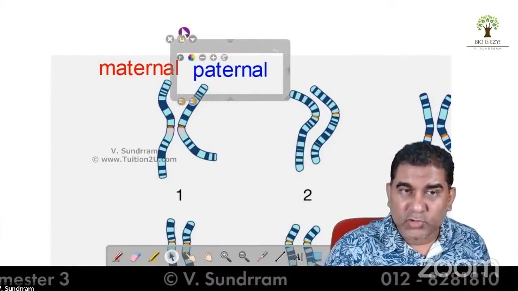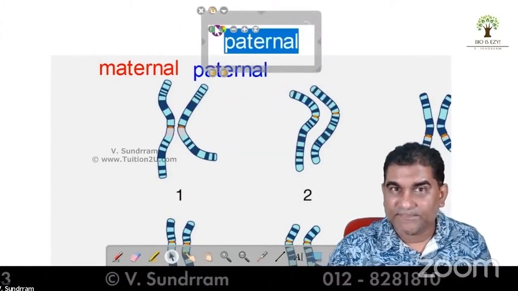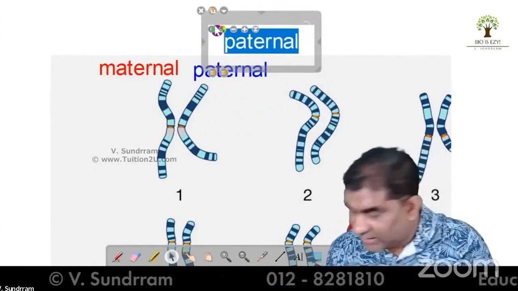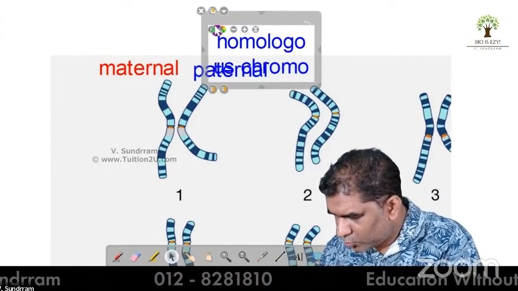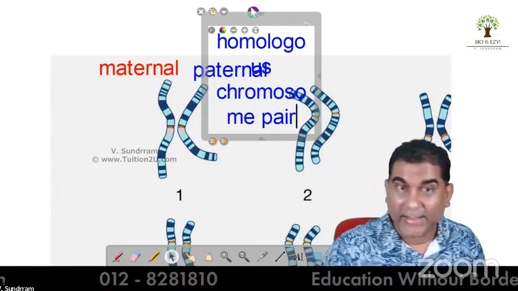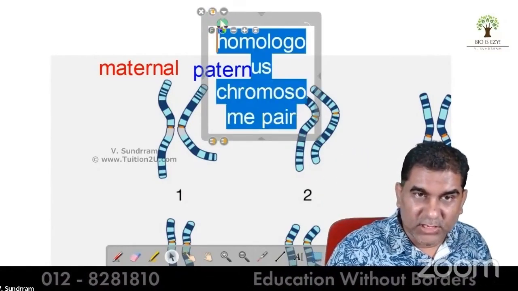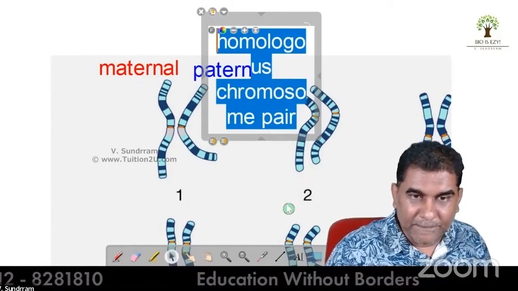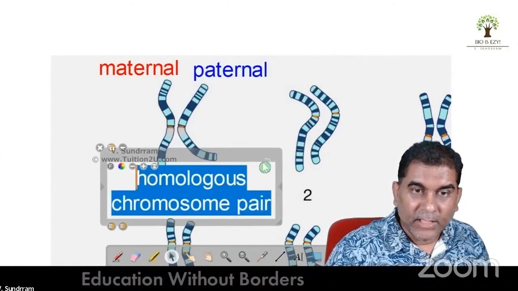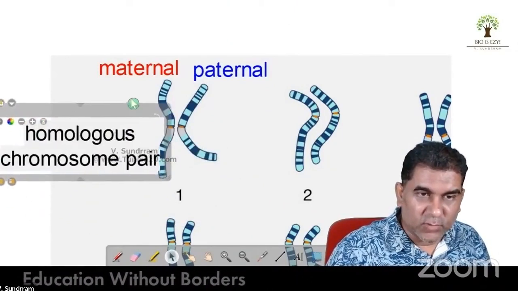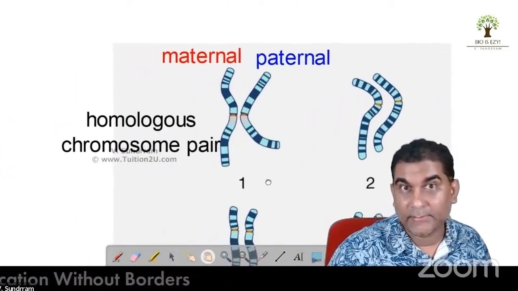These two chromosomes that are the same size, we call a homologous chromosome pair. This is homologous chromosome pair number 1.